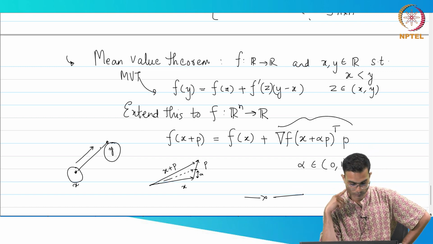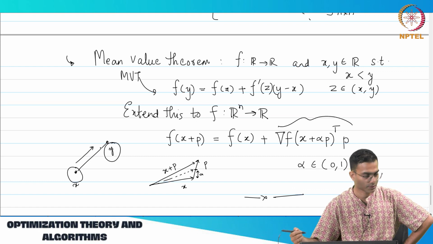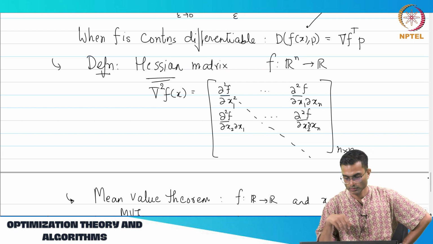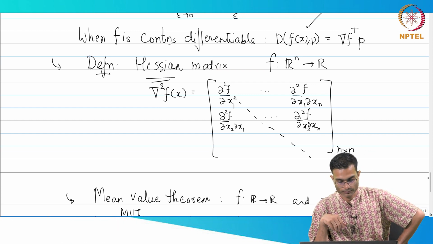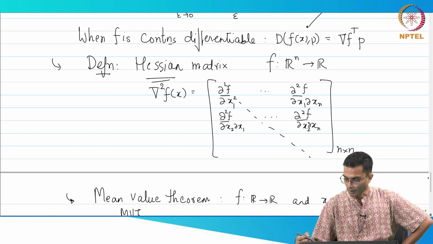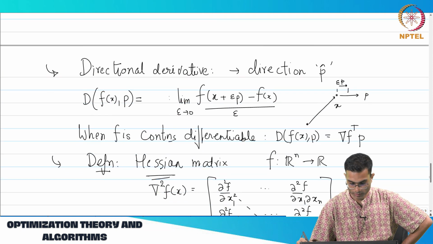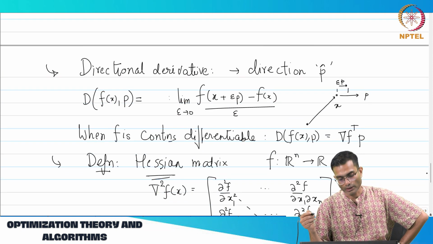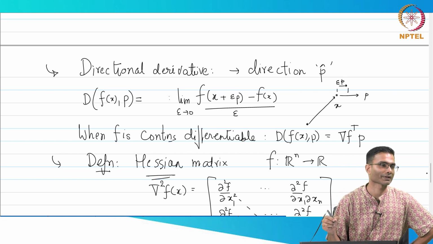The Hessian matrix, yes. Why does f have to be continuously differentiable for this to happen? Again, I'm not going to prove it rigorously over here.